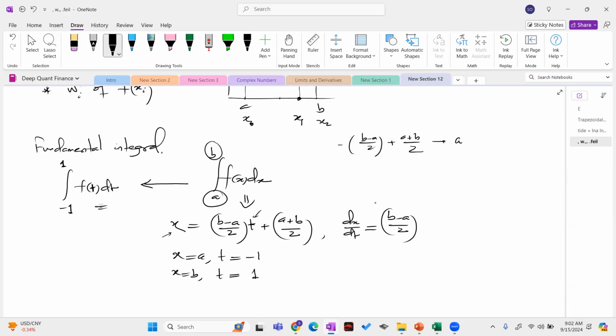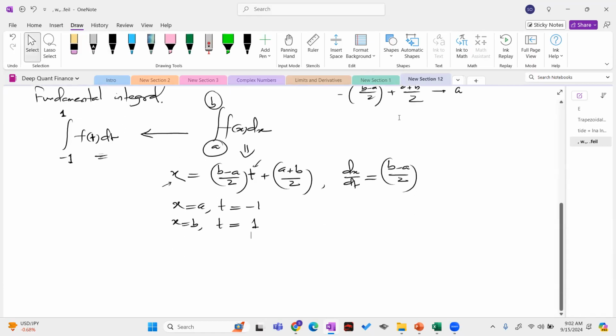Okay. So my original integral indeed became this: the integration of f of x is now this big function of t, but it's fine. It's just a function of t. It's a new function of t, right? It's not f(t). It is f of something where there is t inside. So we'll look at one example. It's fine.